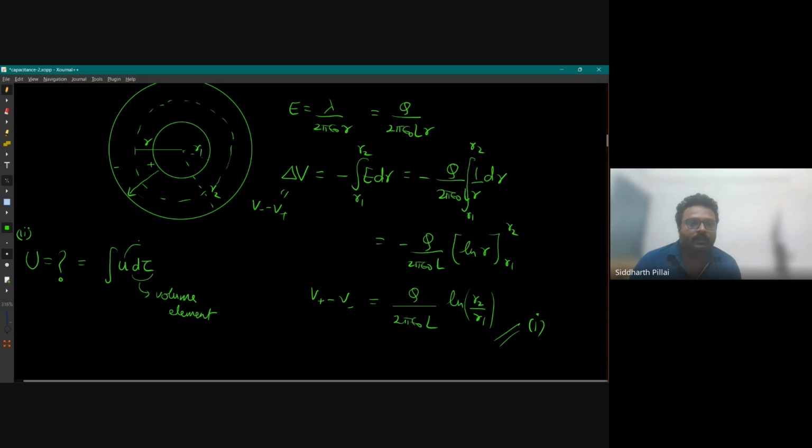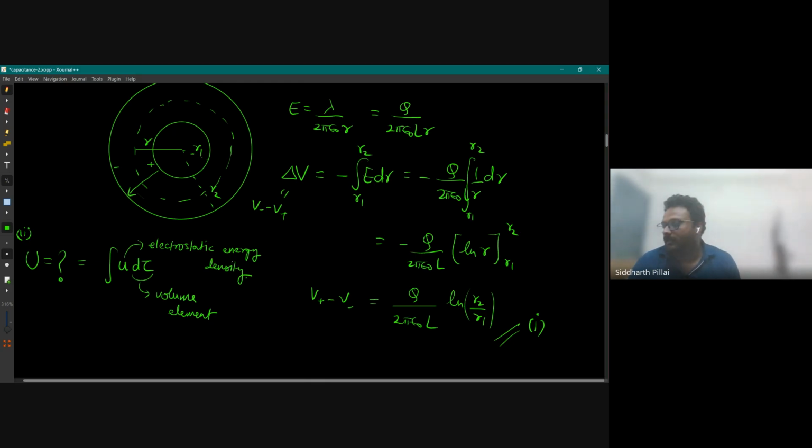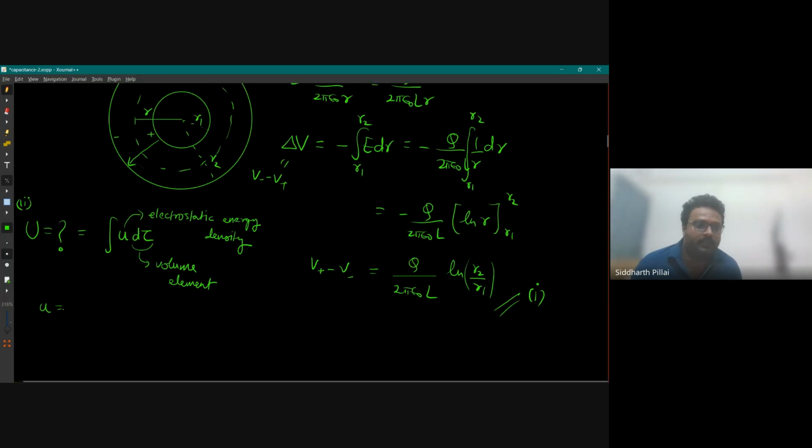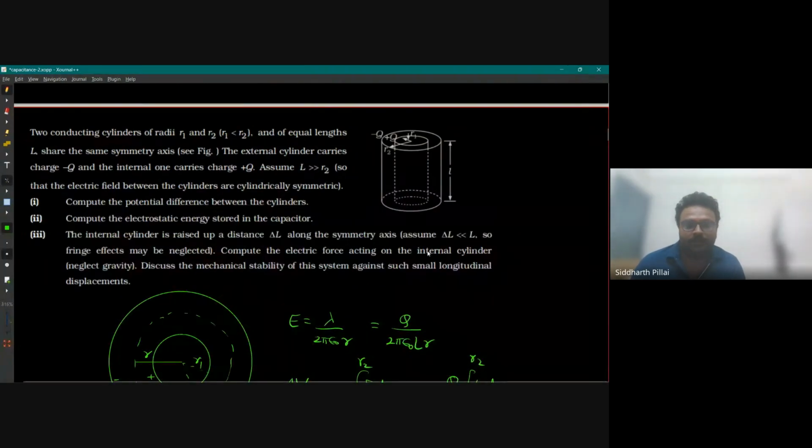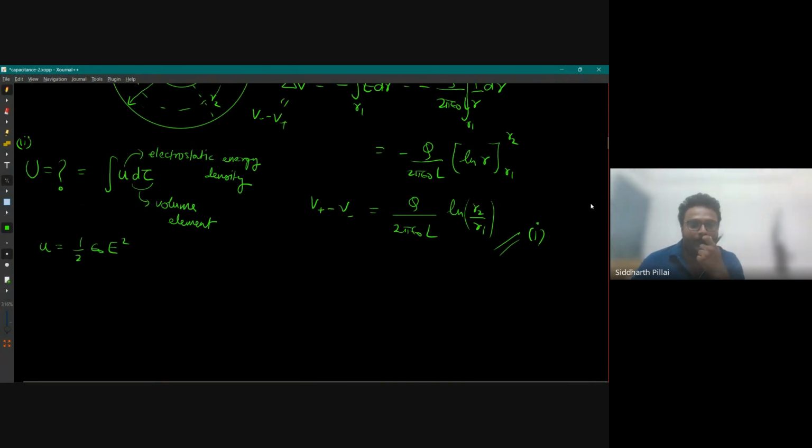And this u is the electrostatic energy density. We know the formula for small u. Small u is given by half epsilon naught E square. There's no dielectric anywhere, right? Yeah, so it's just half epsilon naught E square.